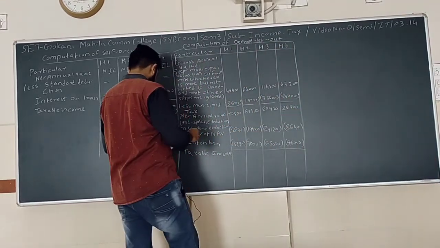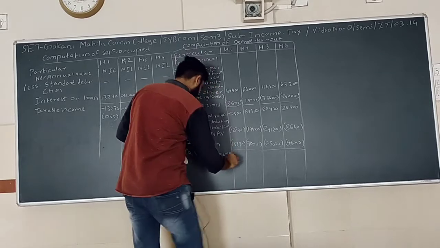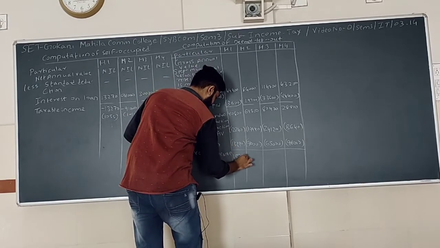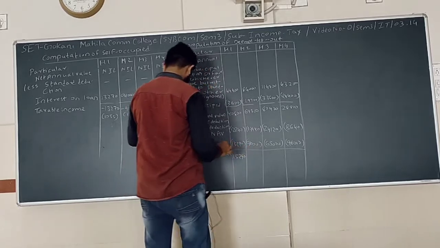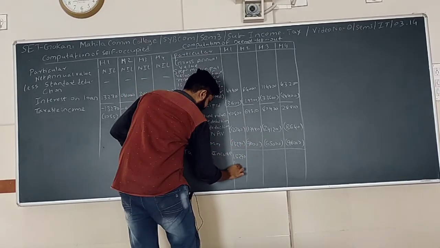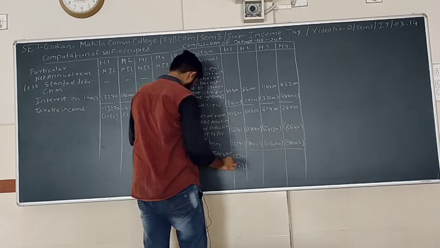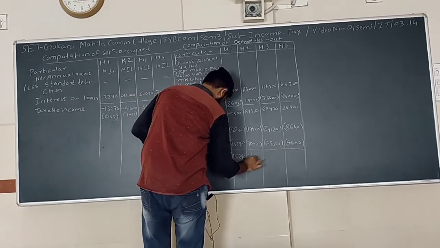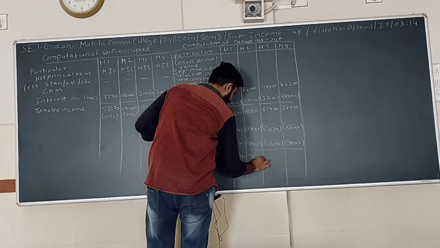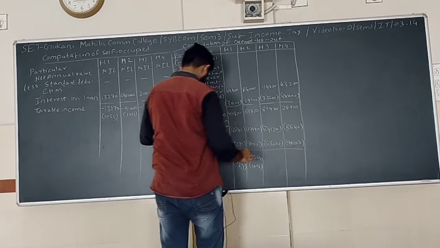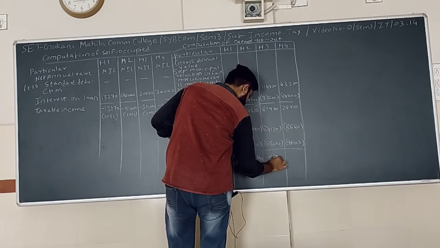So the answer is going to be here 15,290. This is going to be the profit one. Second is going to be minus 45,640. This is going to be loss. For the third part is minus 8,720.